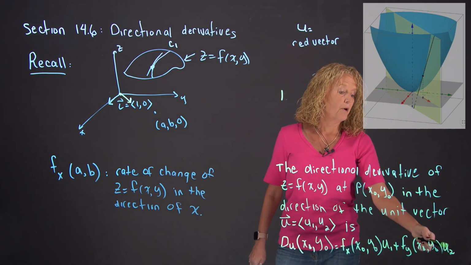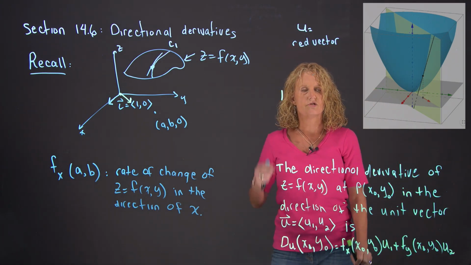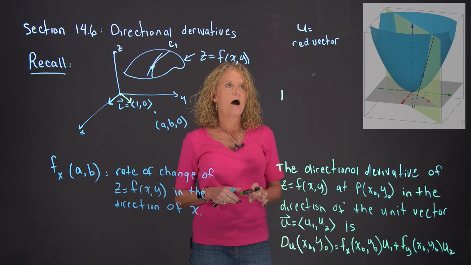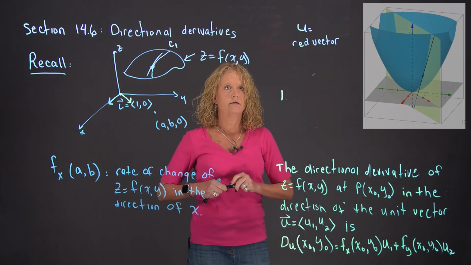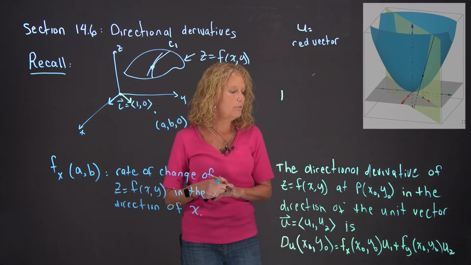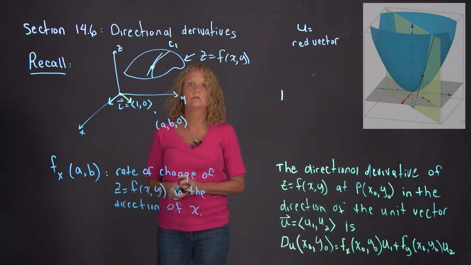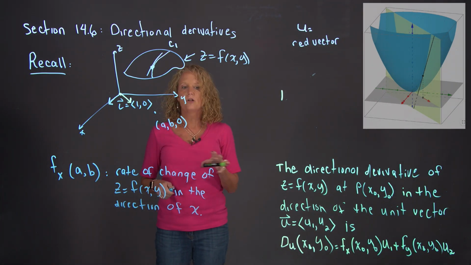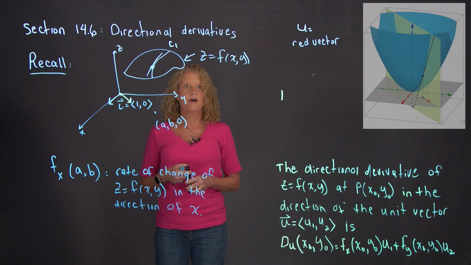These are the components of the vector. These are not vectors, these are just the components. And that output is going to give you the slope of the surface at any old point in any old direction that you want. So we will follow with lots of examples of how to compute it.